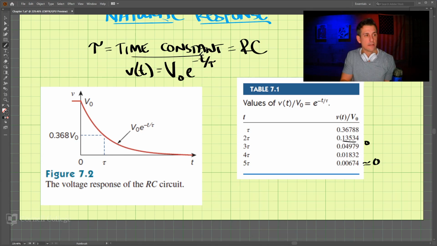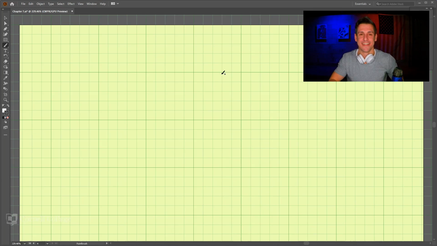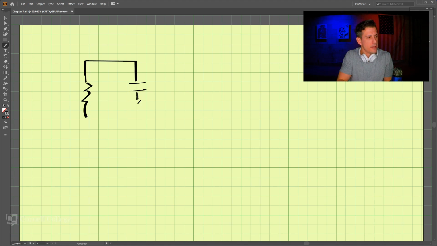Let's do a first example for source-free RC circuits. So I'm going to draw a quick circuit here. We have a resistor and a capacitor that are in parallel.